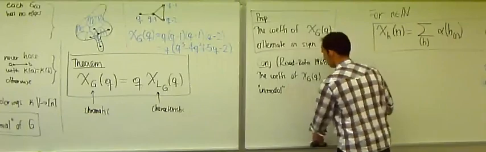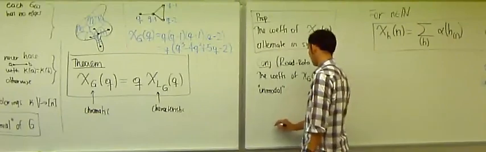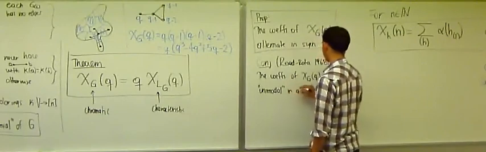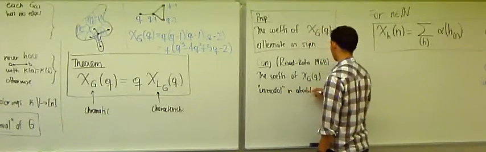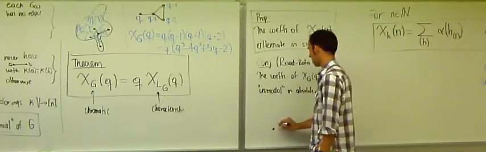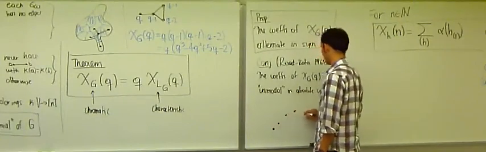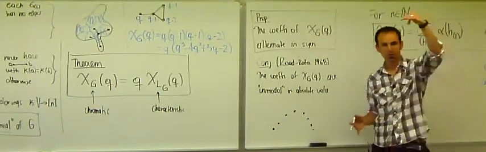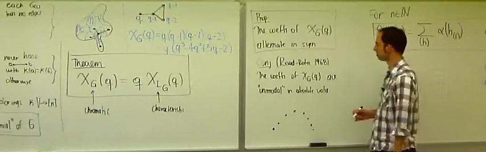Let's do it in a picture. In absolute value. So we start with a small one, then increase, and then start decreasing. It first goes up and then it goes down.